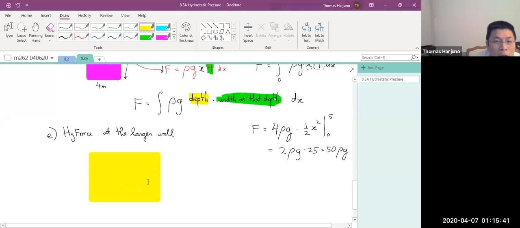It's a rectangle such that the depth of the water is 5, yet the width of the pool is 6 meters. Okay, now let me ask you to compute the hydrostatic force at the larger wall.